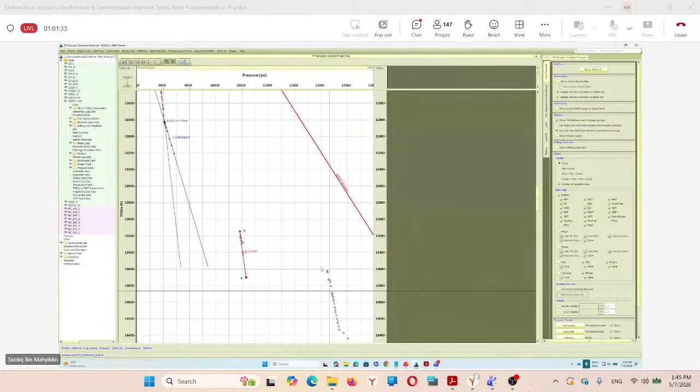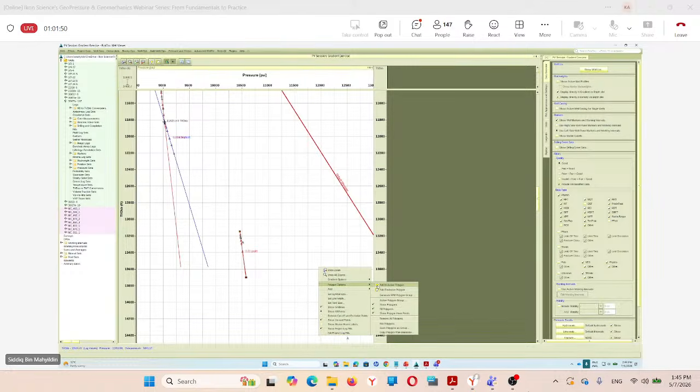This is very rough, so, oh no. I want to create a polygon, not a gradient. Polygon. Maybe here.